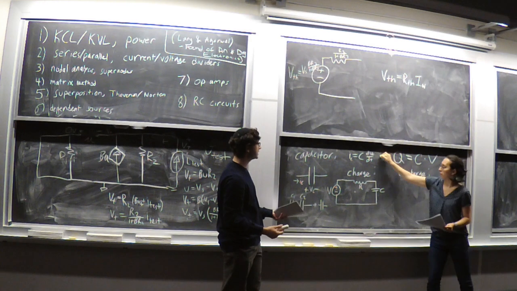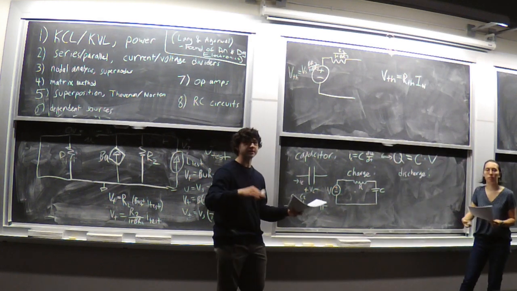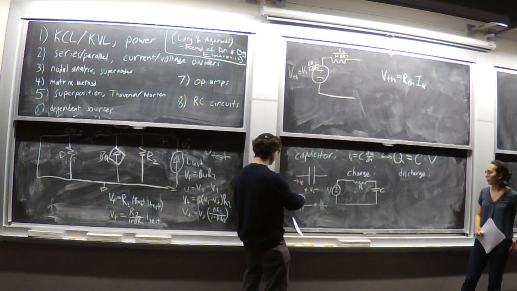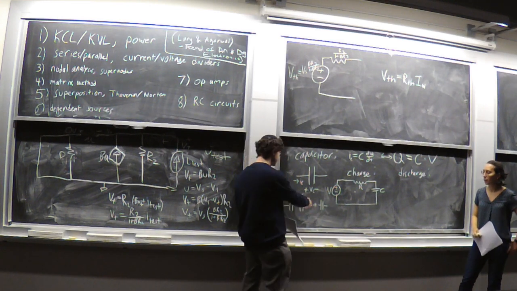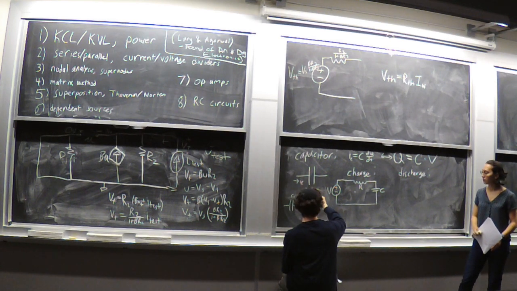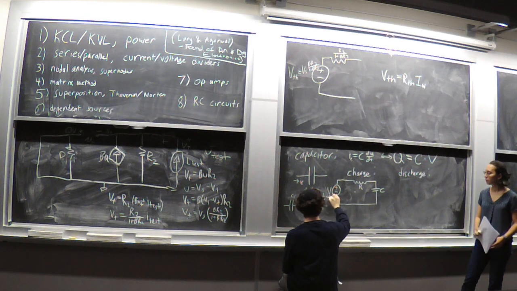One thing to note is that they work differently in terms of series versus parallel connections from how resistors work. If they're in series, the equivalent capacitance is: 1 over C equivalent equals 1 over C1 plus 1 over C2.